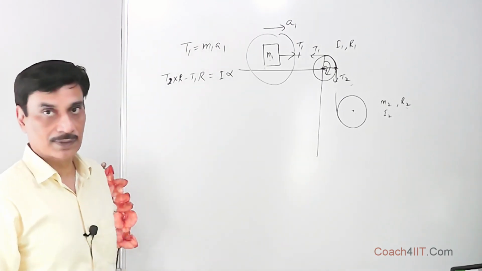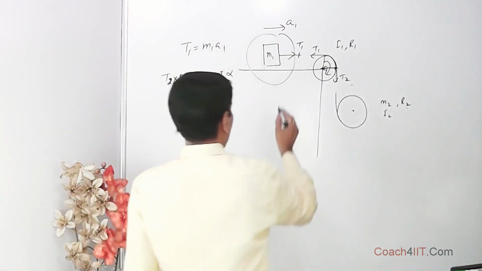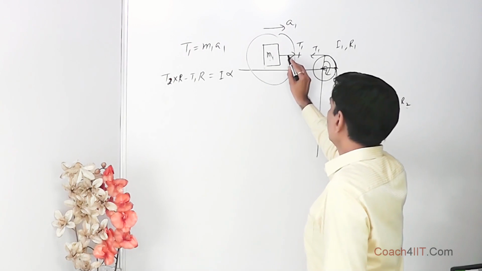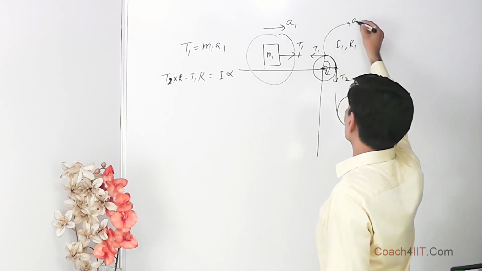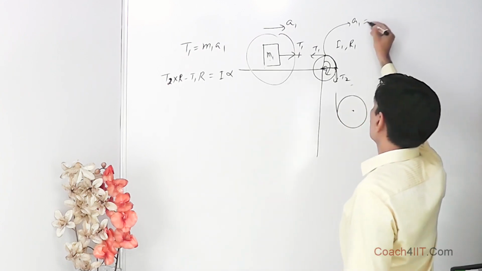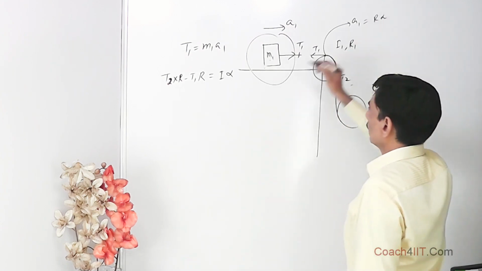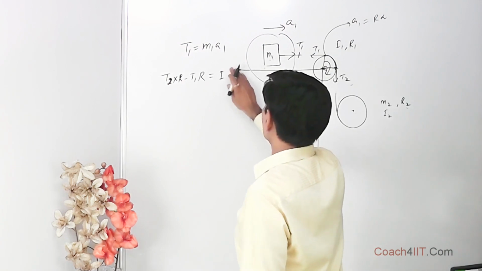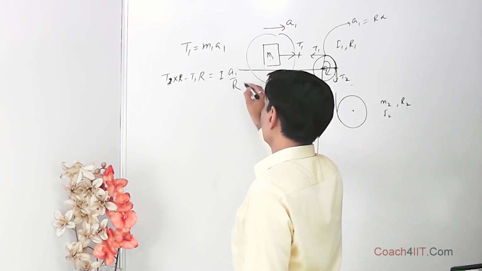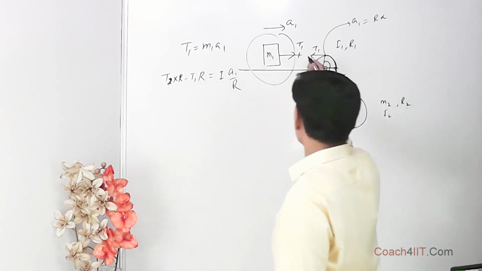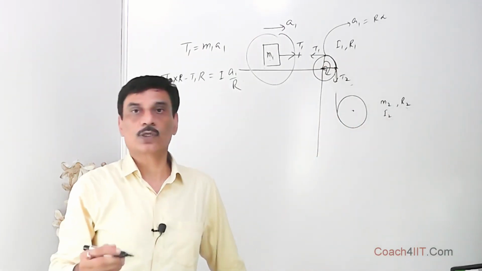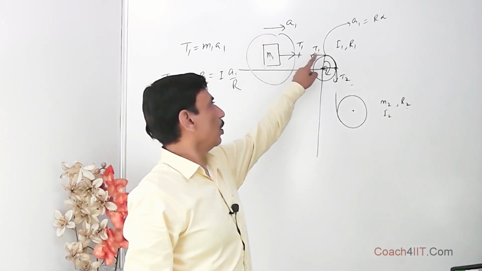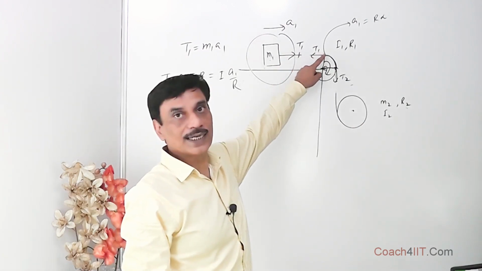Whatever is the acceleration of this point, the same acceleration is at this point, so this point also has acceleration A1 in this direction. So A1 is equal to R into alpha, and alpha can be put as A1 by R. Because there is no slippage between the string and this pulley, all the points have linear acceleration A1.